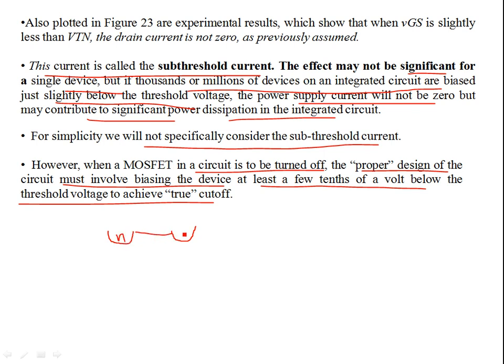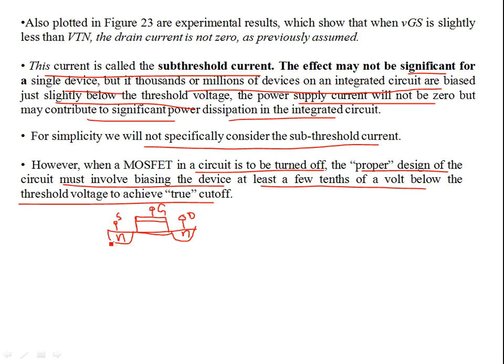The source and the drain are n-doped, then you have the oxide, then you have the gate terminal, could be a metal or polycrystalline silicon. This is your gate terminal. Then you have your drain terminal over here, and you have your source terminal over here.